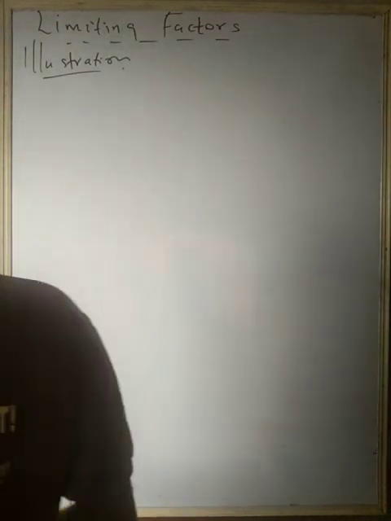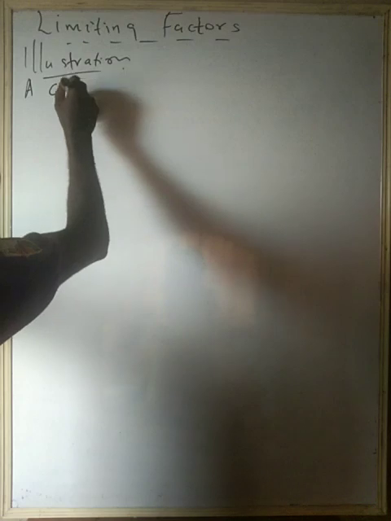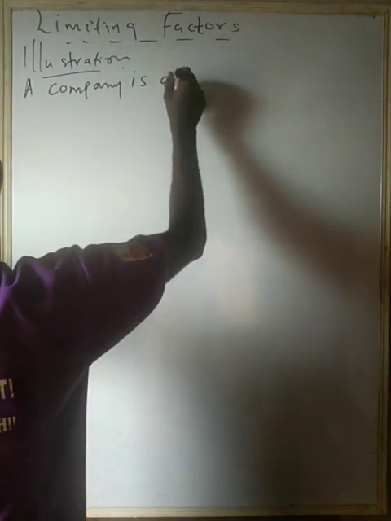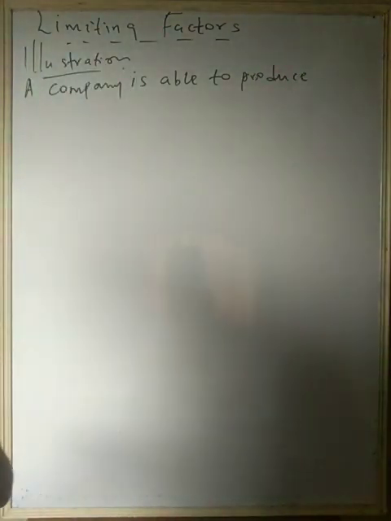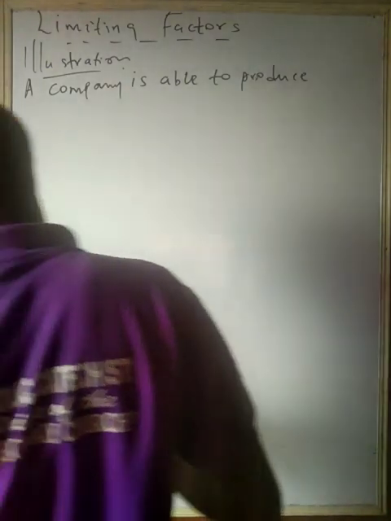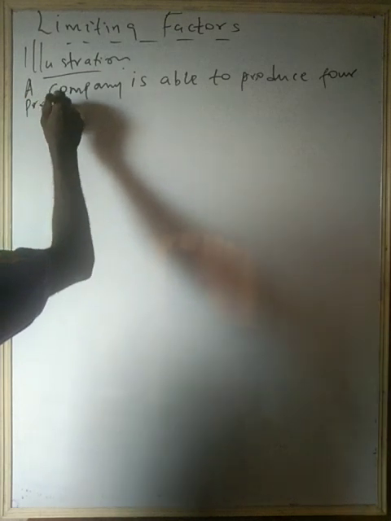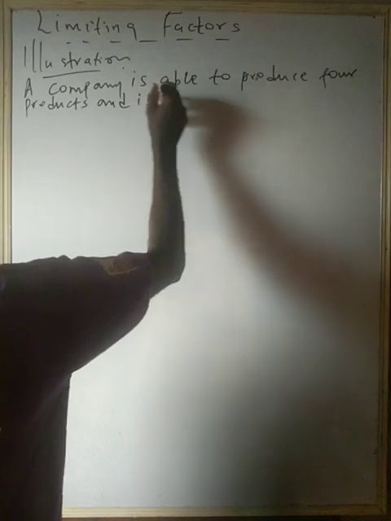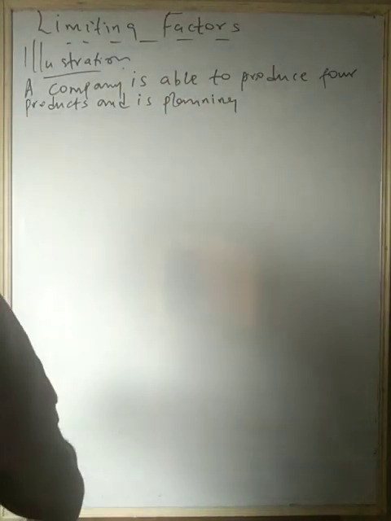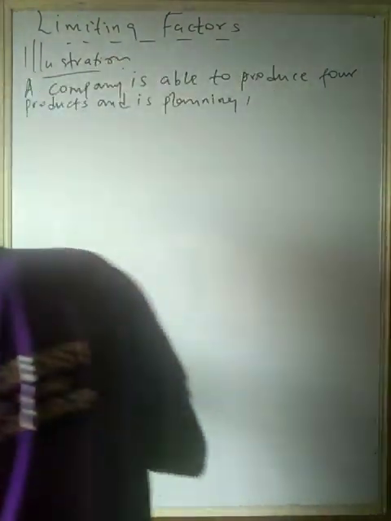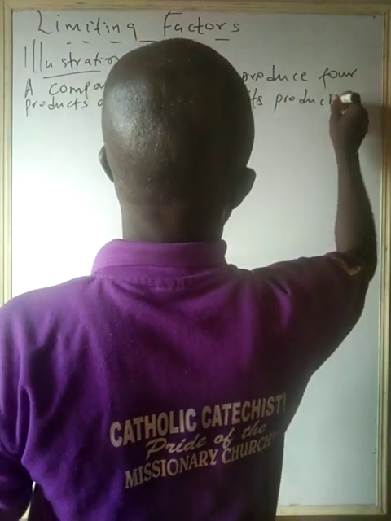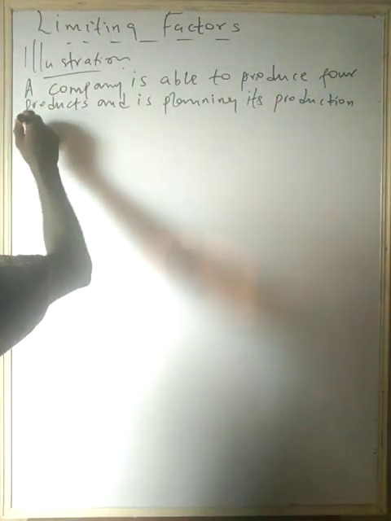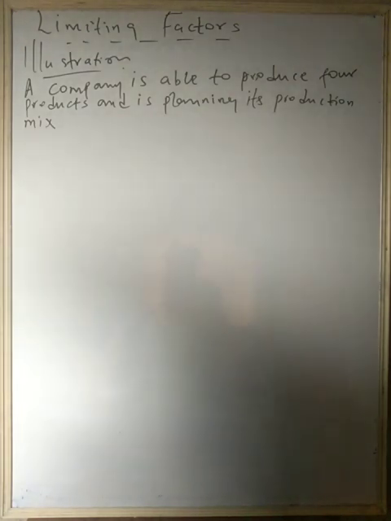The question says a company is able to produce four products and is planning its production mix for the next period.